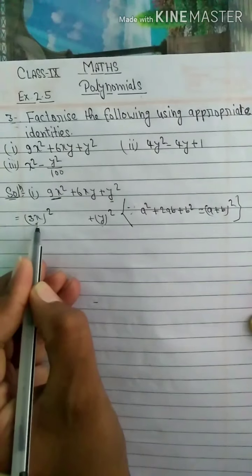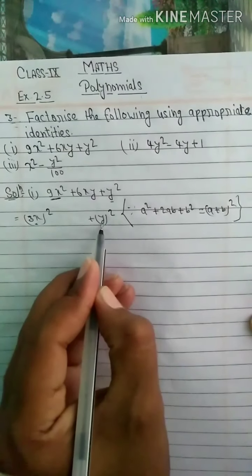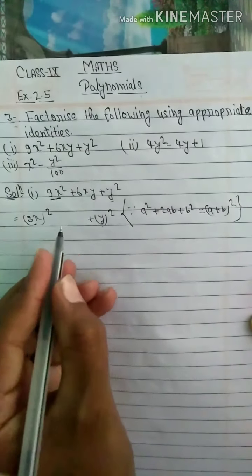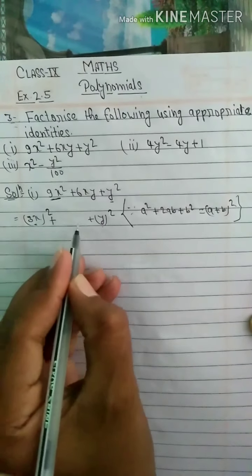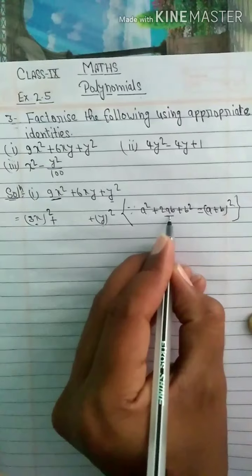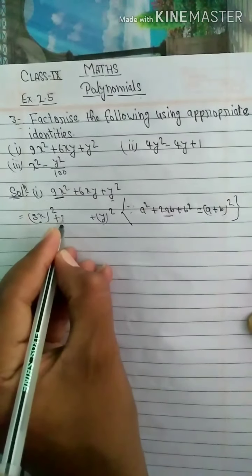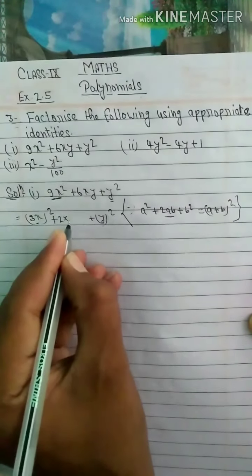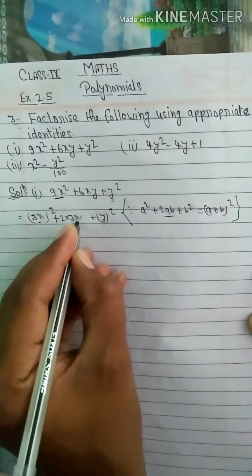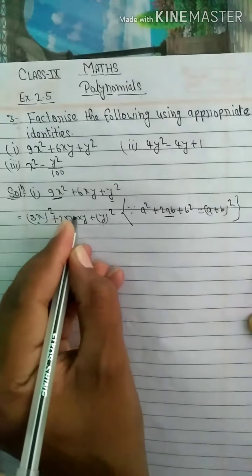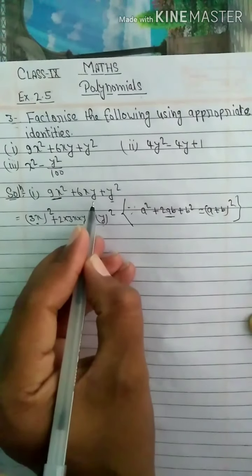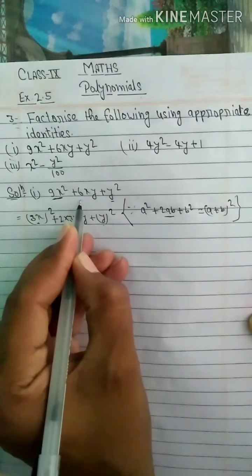So a equal to 3x and b equal to y, and the third term should be 2ab. Now we multiply 2, a equal to 3x and b equal to y, and see whether this value will be equal to 6xy or not.